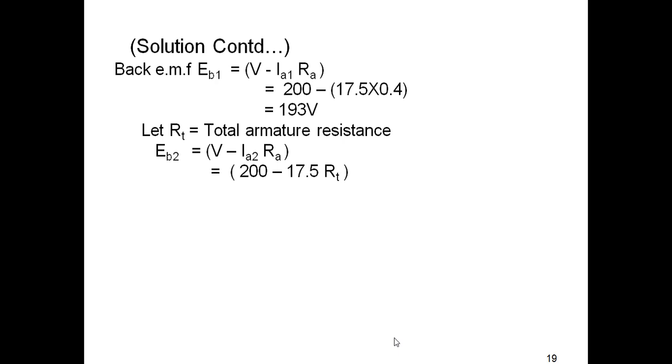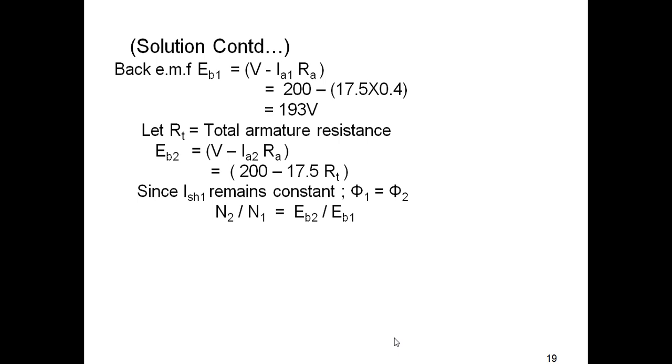On substituting the other values which we have already known, we get 200 minus 17.5 into RT. Since the ISH value remains constant, the flux will be constant. So phi 1 is equal to phi 2.